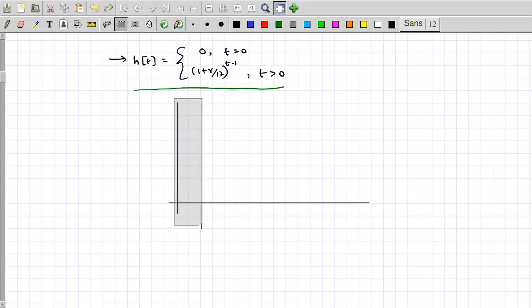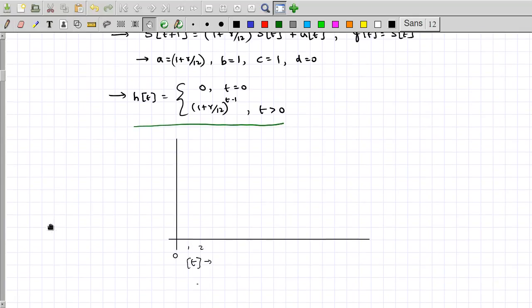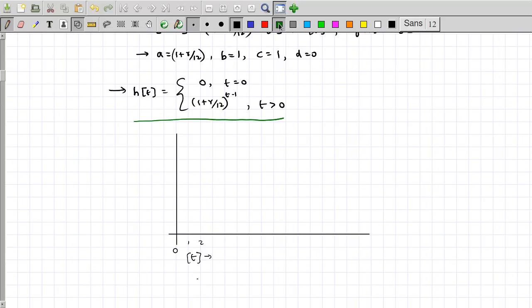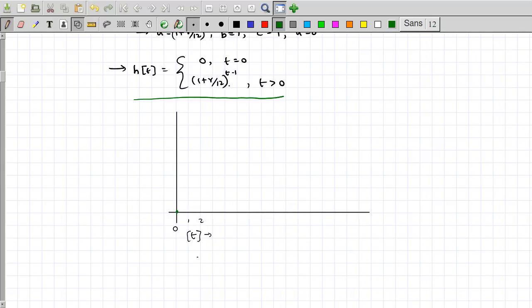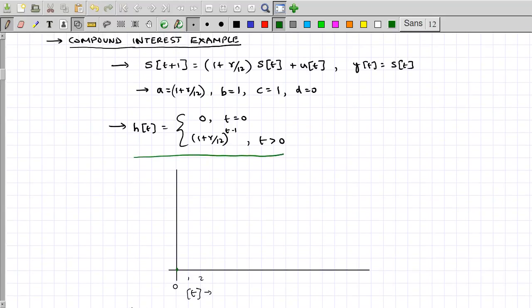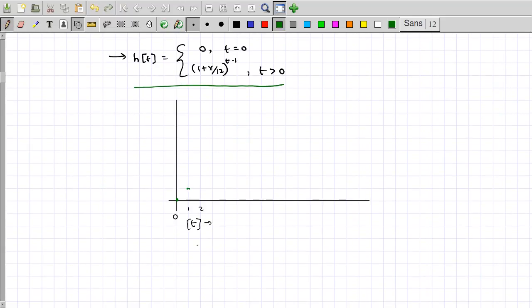So this is t going this way, starting from 0, 1, 2, etc. And as you can see, the initial point is actually 0, and then you have 1 plus r over 12 to the power of t minus 1, which is equal to just 1 over here, and then it is equal to a little bit more than that, 1 plus r over 12 to the power of 1, which is slightly more than 1.